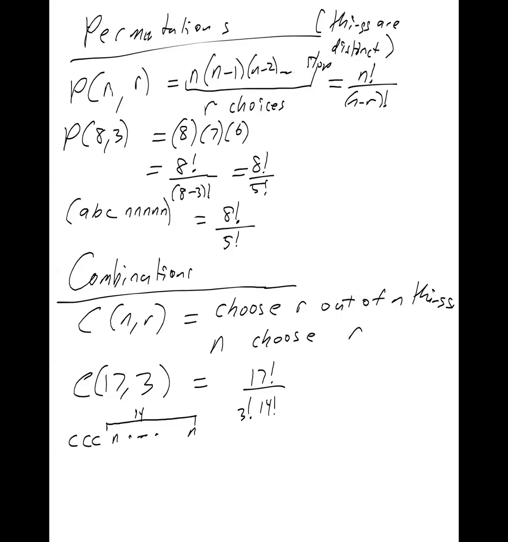And so the formula for n choose r is in general equal to n factorial over r factorial. Whoops, I wrote an n by accident. And then n minus r factorial. So it's almost the same as the permutations formula, except there's one more term in the bottom.